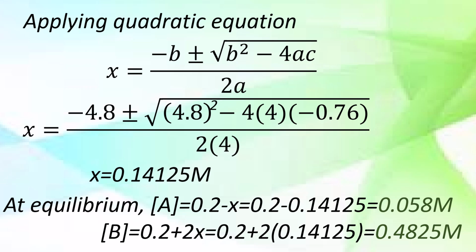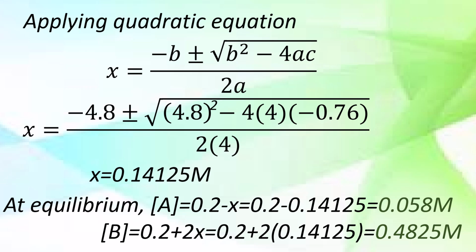Applying the quadratic equation. This is the quadratic equation. You have to memorize this equation. x is equal to minus b plus minus root b square minus 4ac divided by 2a. This is the quadratic formula. As I have discussed earlier, the values of a, b and c we have calculated.